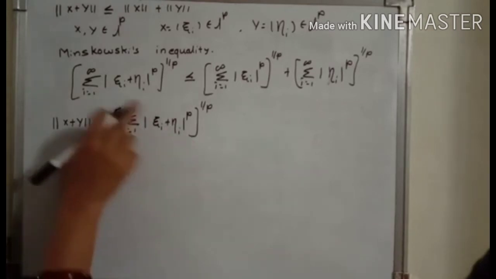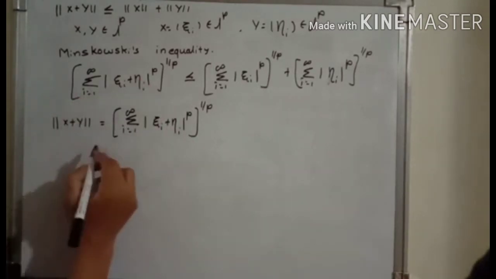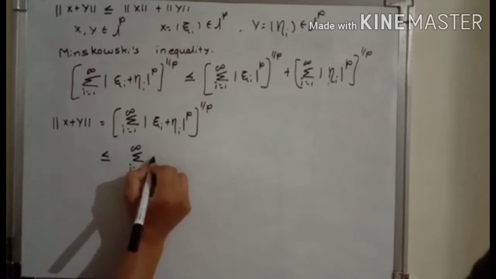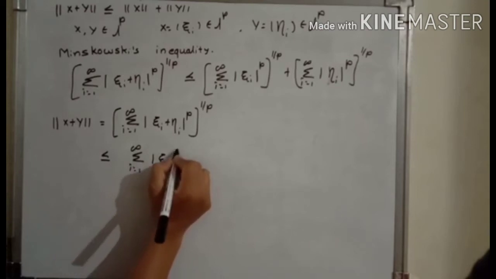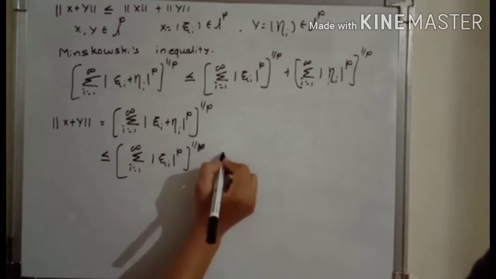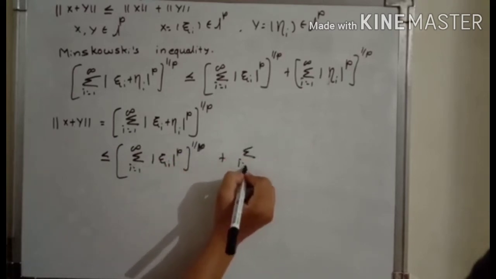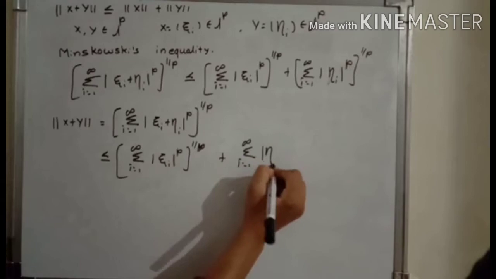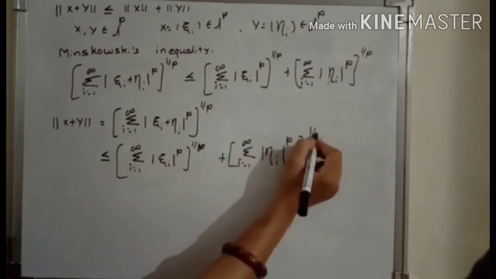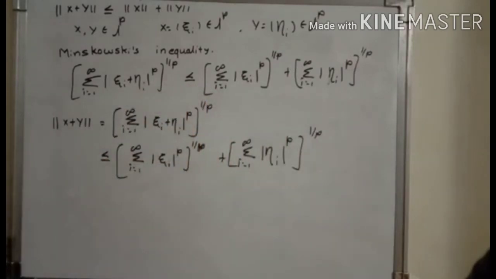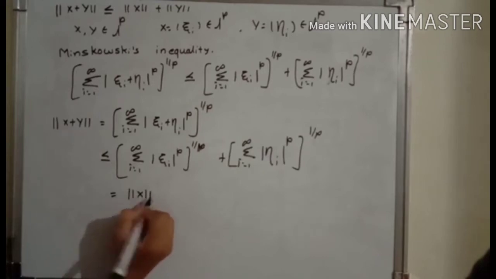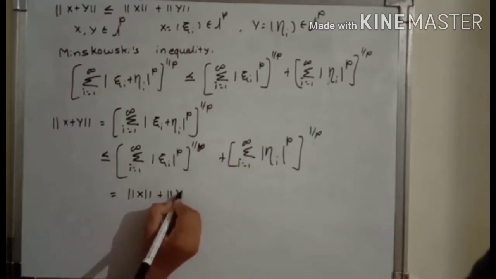Here, by using Minkowski's inequality, it is less than or equal to the summation for i from 1 to infinity of |xi_i|^p, whole to the power 1 by p, plus the summation for i from 1 to infinity of |eta_i|^p, whole to the power 1 by p. But by definition, it is nothing but the norm of x plus the norm of y.